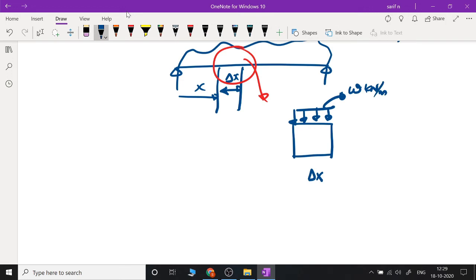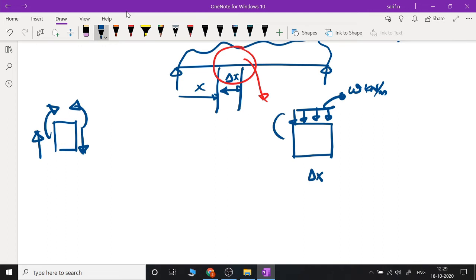Okay, now let us assume the shear force and bending moment as being positive. So the sign convention is sagging moments, we will assume them as positive, and we will assume shear force as positive if it rotates the segment clockwise.